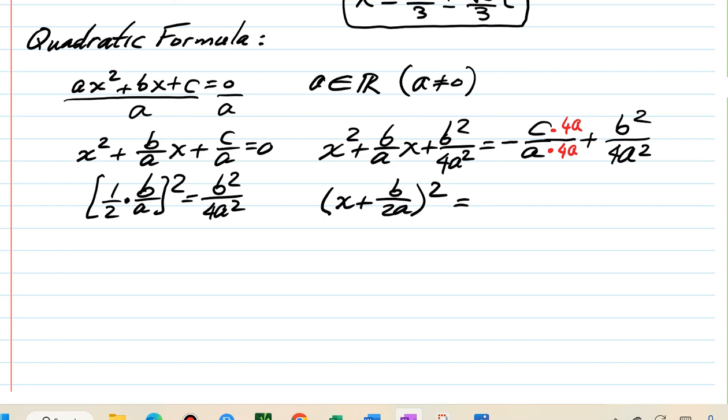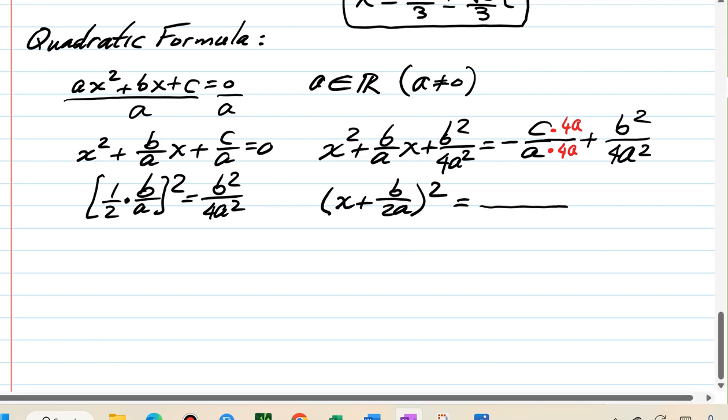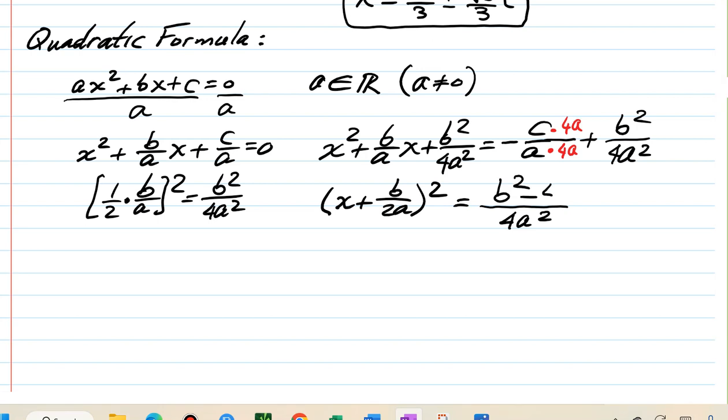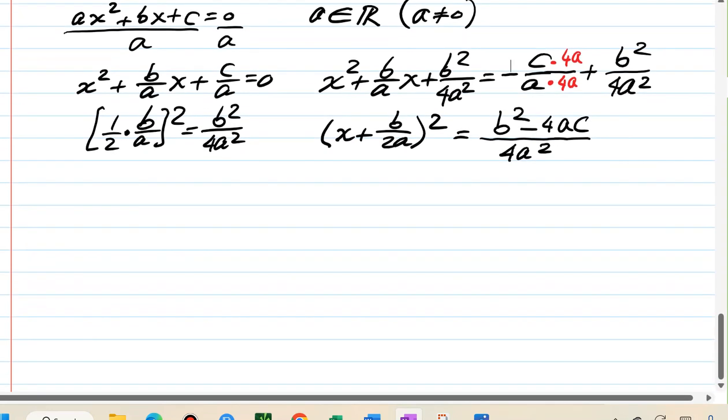Now they have a common denominator of 4a squared. Let's write the common denominator, and I'm going to write this as b squared minus 4ac. I just wrote b squared first, followed by the first fraction. So I wrote the second fraction first, first fraction second. We can do that because addition is commutative.